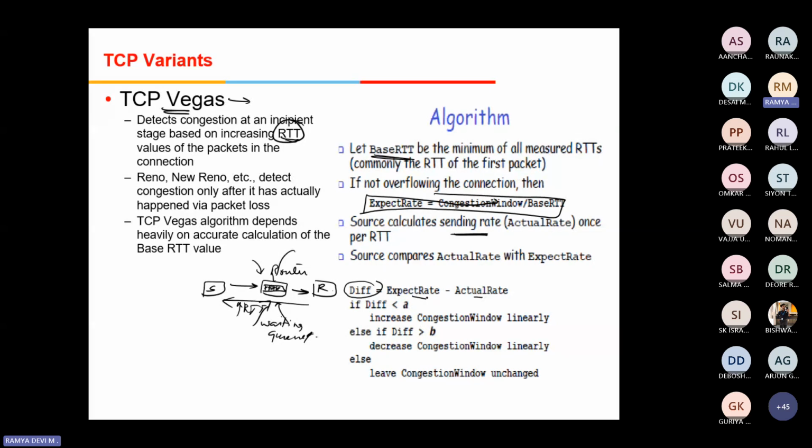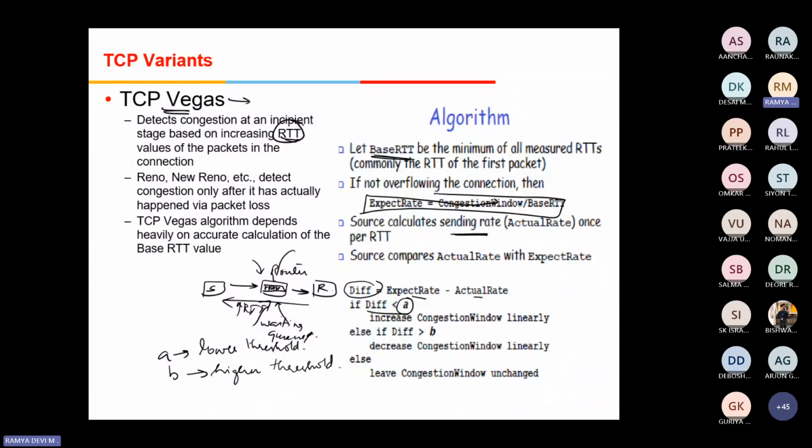That is the difference, and the congestion window is adjusted based on it. A is a lower threshold value, and B is a higher threshold value.